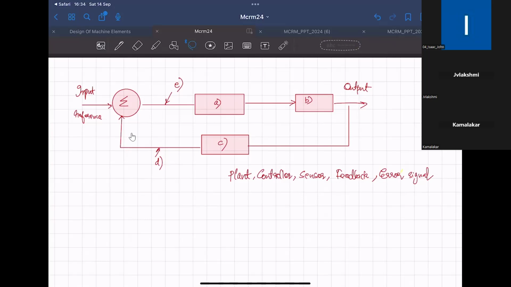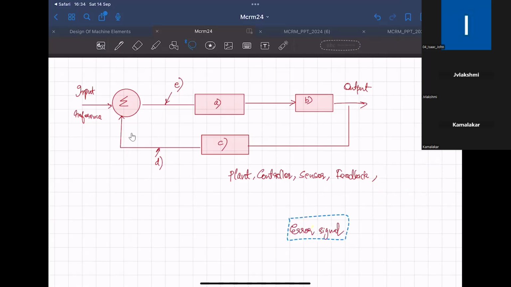For example, if your room has an air conditioner and you want your system to be at 24 degrees Celsius, but from the sensors you are getting 25 degrees Celsius, the difference between your input reference and the output from the sensors is what we call the error signal.